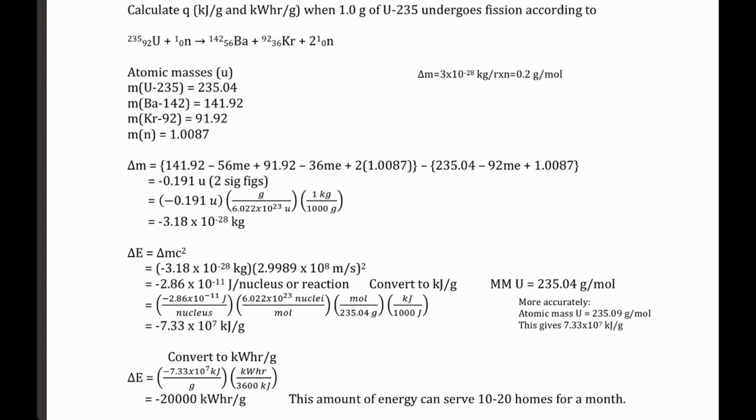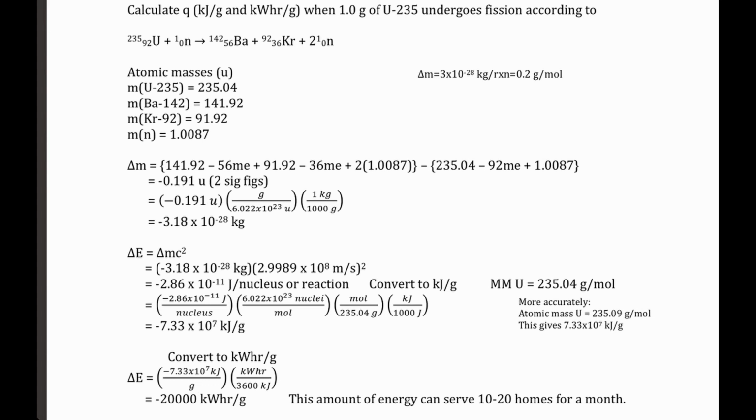Okay, so we have the atomic mass of the barium minus 56 times the mass of electrons, because the barium has 56 electrons. Okay, so that takes care of the barium. And then we have the krypton. We take its atomic mass, 91.92, subtract 36 times the mass of the electron.